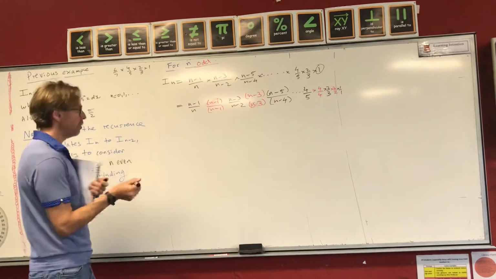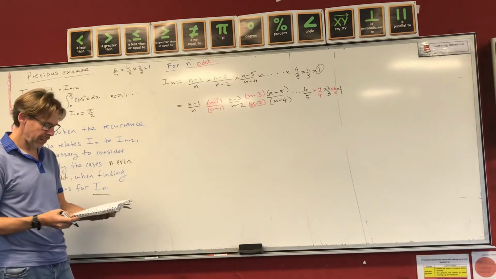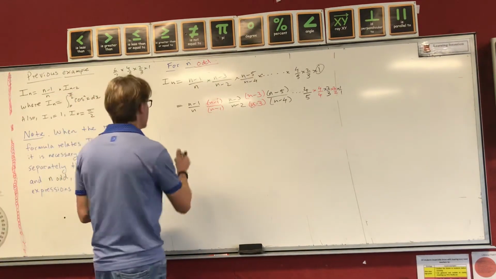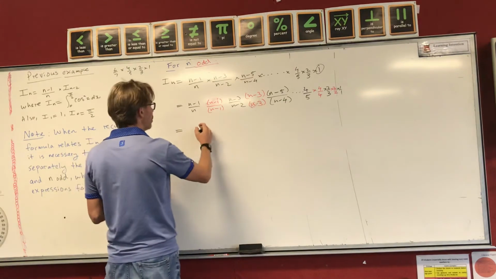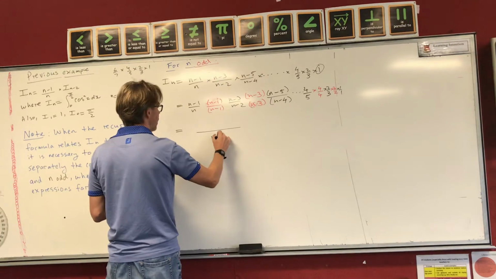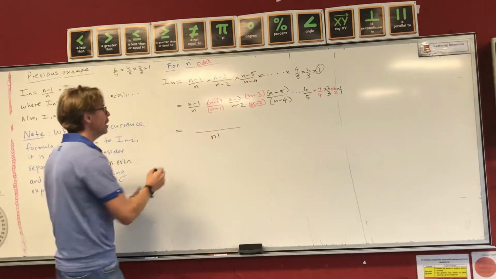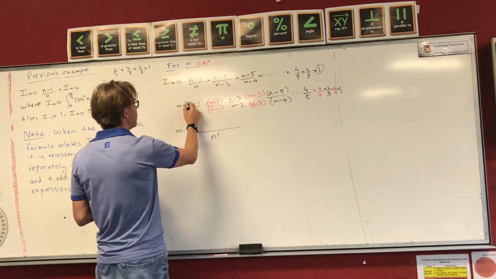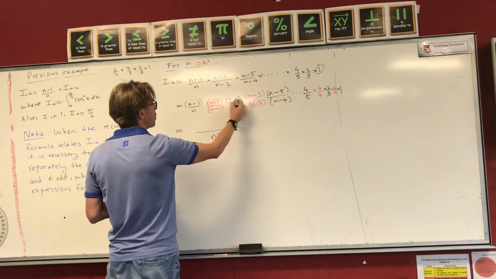Alright, so now we've got the factorial in there. And okay, so we are going to write down on the bottom n factorial. Now on the top, you'll notice that we have pairs of terms which are squared.